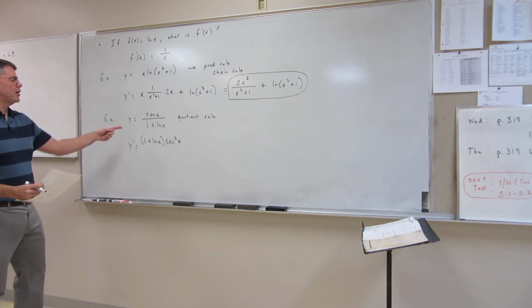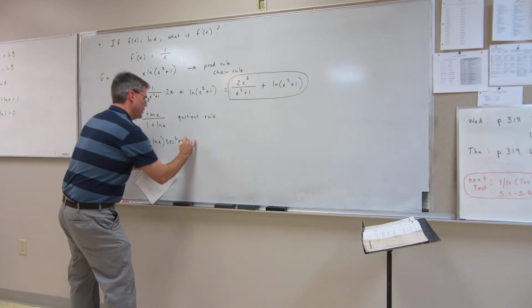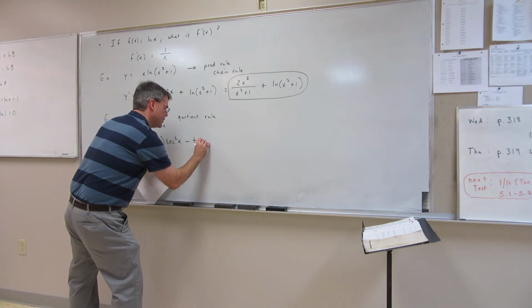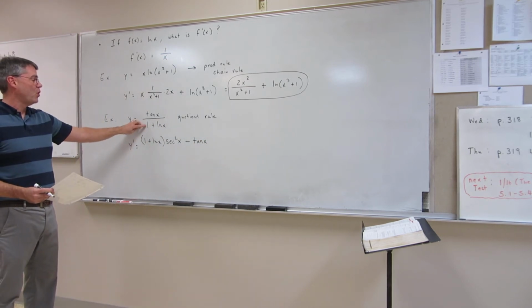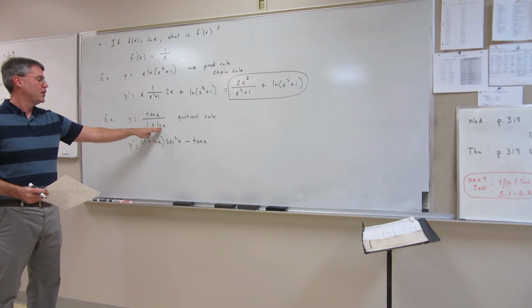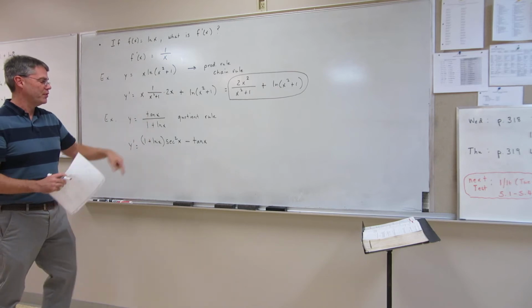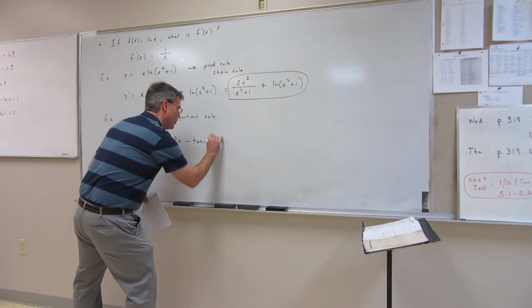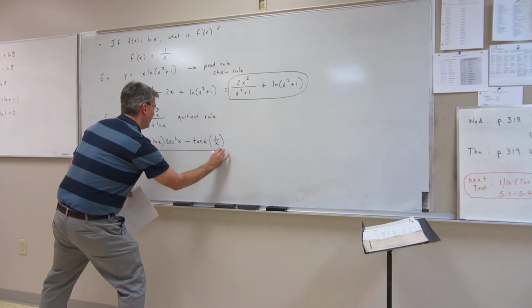So the bottom times the derivative of the top, minus the top, so minus tangent x times the derivative of the bottom. Well, the derivative of 1 is 0, and the derivative of the natural log of x is 1 over x. So it's going to be minus the top times the derivative of the bottom, so times 1 over x, all over the bottom squared.